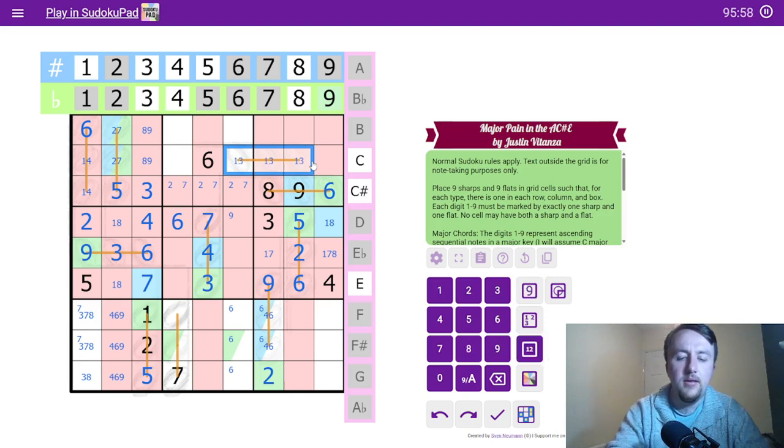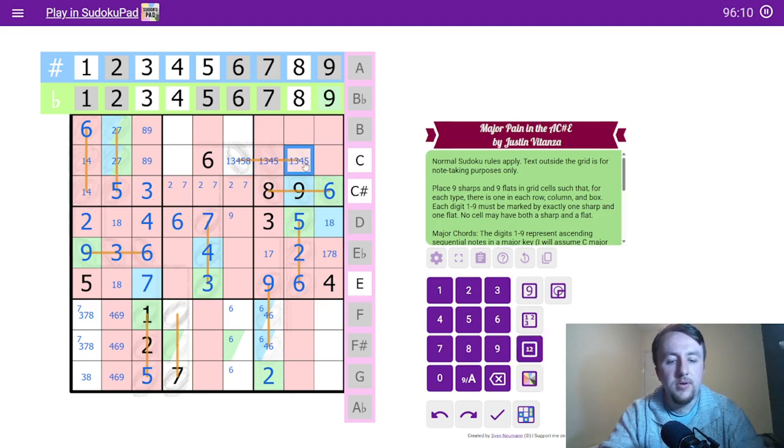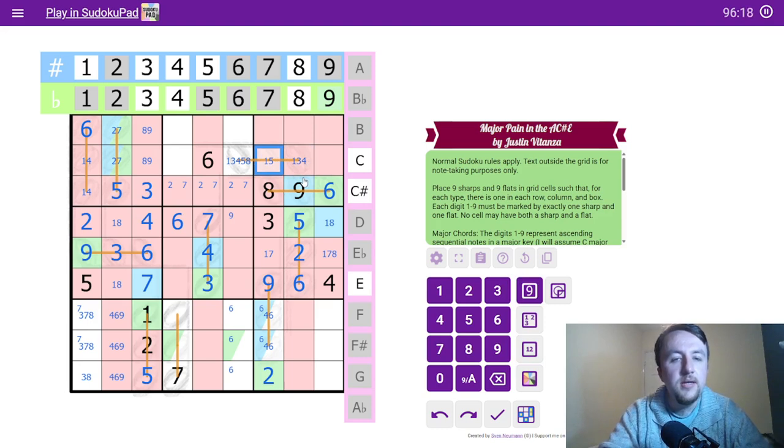Okay. We can do that pencil mark then. That's not great. Obviously we can take 8s out of there. We can take a 5 out of there. I do have an idea for what we can look at next, though, so I'm not bereft of ideas. There's more stuff we can definitely do.